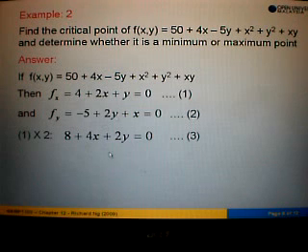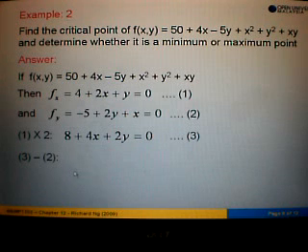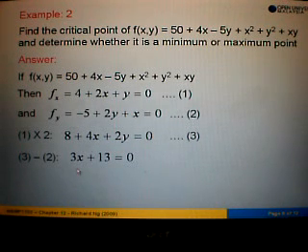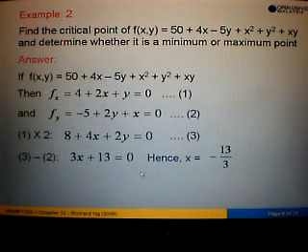From here we solve equations 2 and 3. We take equation 3 minus equation 2. That gives us 4x minus x equals 3x, and 8 minus negative 5 becomes 13, equals the right-hand side 0 minus 0, which is 0. So x equals negative 13 over 3.